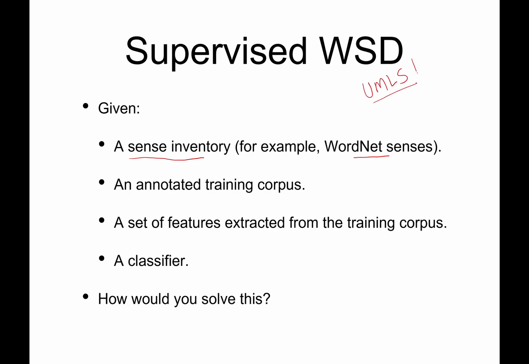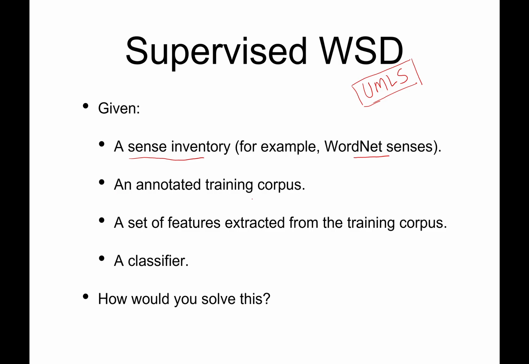UMLS is an ontology that is organized in a similar way to WordNet. When I say similar, I mean there is the hierarchy, but there are also meronymy relations that are horizontal, that talk about parts and other types of relations. So if you are interested in medical, you want to check UMLS.